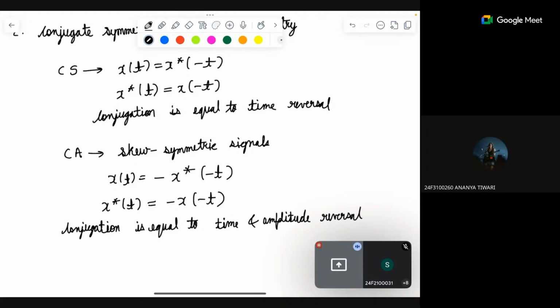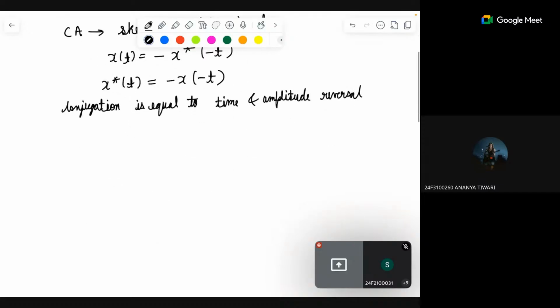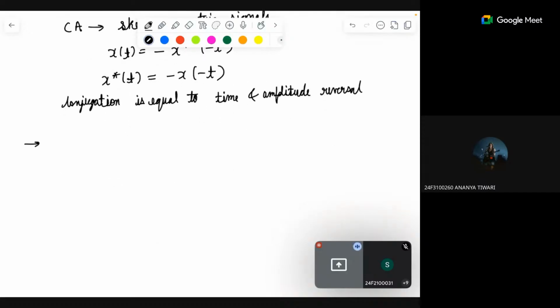Now, just like we decomposed a real signal x of t into its even and odd parts, similarly, we can decompose any signal into its conjugate symmetric and conjugate asymmetric part. So the decomposition will be x of t is equal to x conjugate symmetric of t plus x conjugate asymmetric of t.